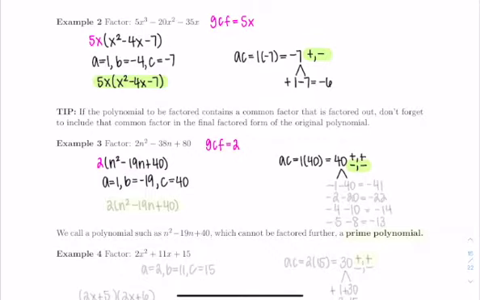The factors of 40 are 1 and 40, 2 and 20, 4 and 10, 5 and 8.